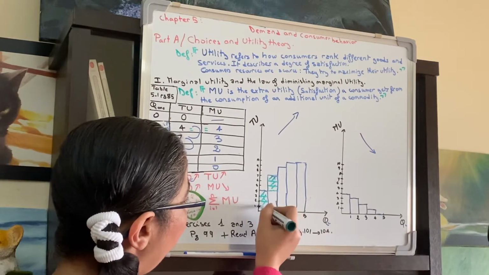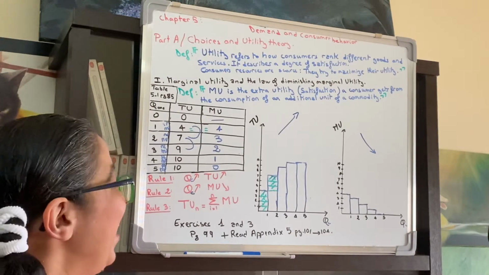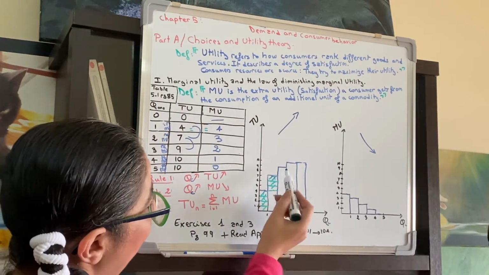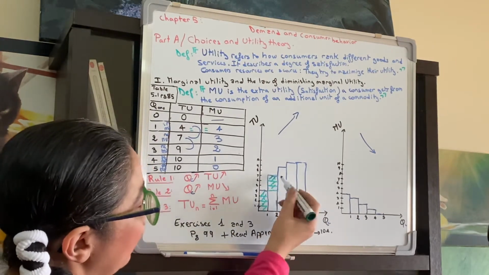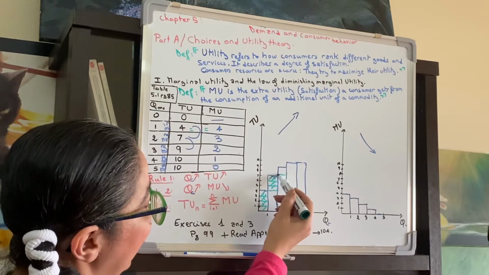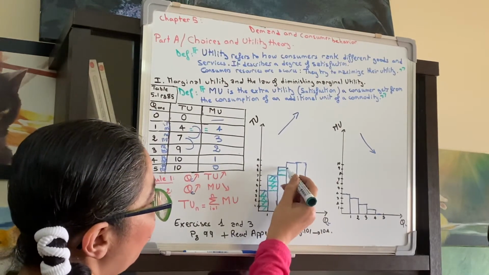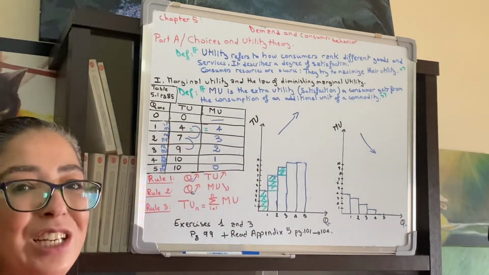Here, 4 utils. Just like you have in the other graph. Okay? Now, for the third unit, my total utility is 9. Isn't it? So what is extra above 7 that I had for 2 units? It's 2 utils over here. And that's your marginal utility in green.